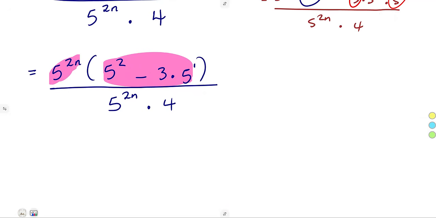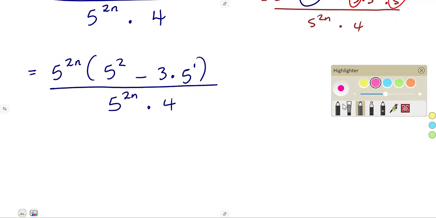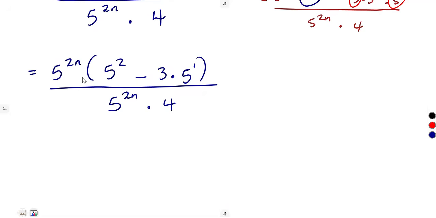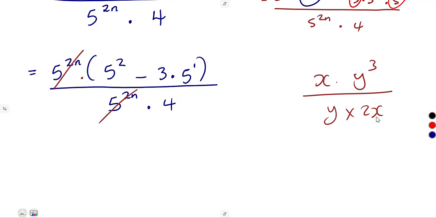So as a product, we are allowed to cancel the numerator and the denominator as long as there is something common like this. Remember, x times maybe y to the exponent of 3 over y times 2x. We can cancel the x and the x. Y into y cubed gives y squared. We can do that because it's under a product. That is the same thing, a product there.